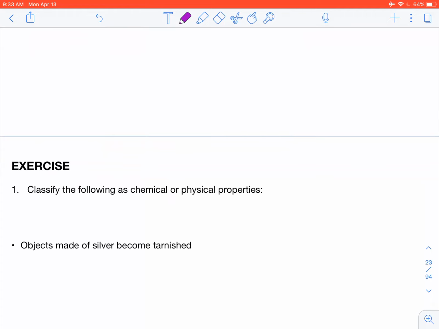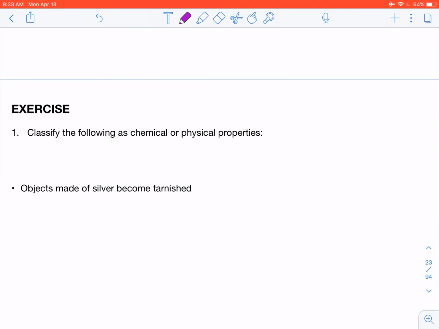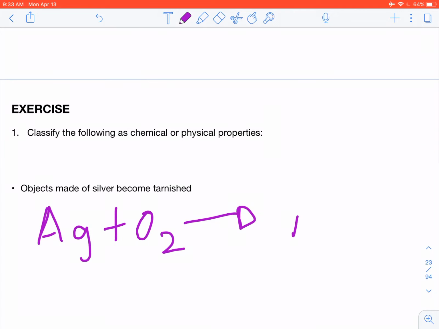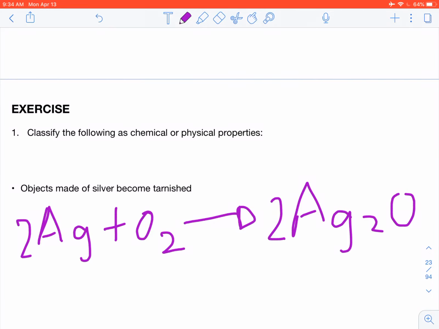Classify the following as chemical or physical properties. Objects made of silver become tarnished. Now, when they say it becomes tarnished, what we mean is that it reacts with oxygen. So it's like saying Ag plus O2 forms a new substance, giving us Ag2O.